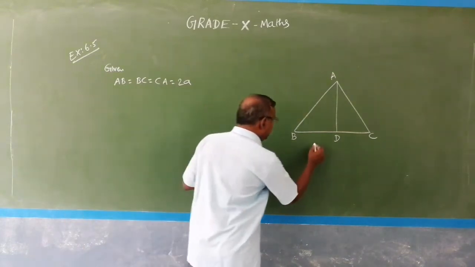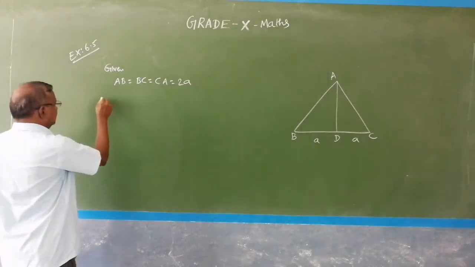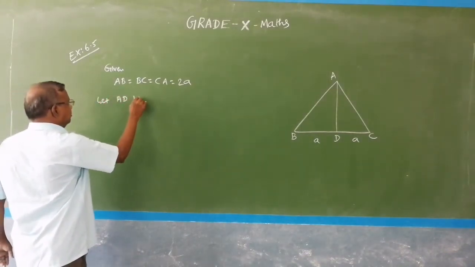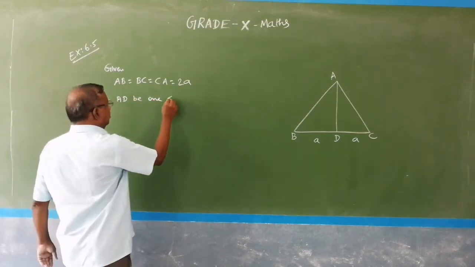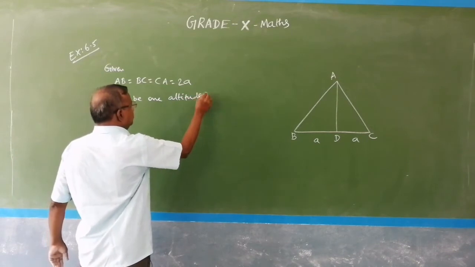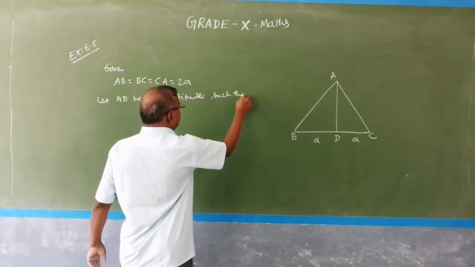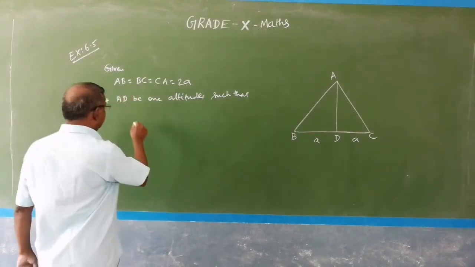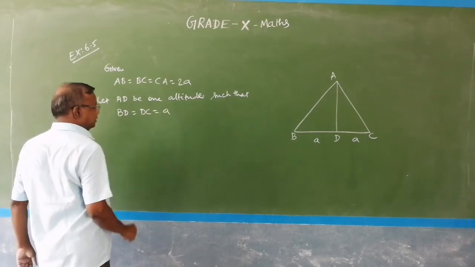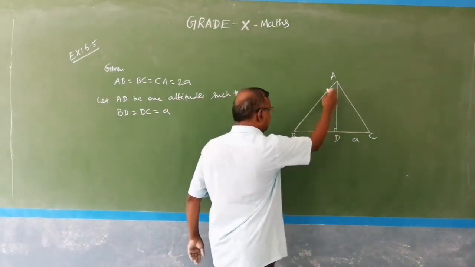Therefore, BD equals DC equals A. Let AD be one altitude such that BD equals DC equals A. And clearly the triangle ABD is a right triangle.